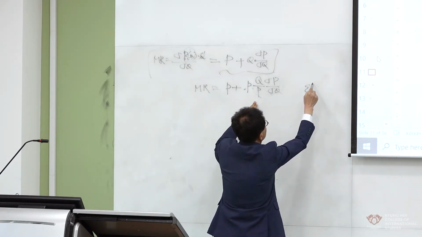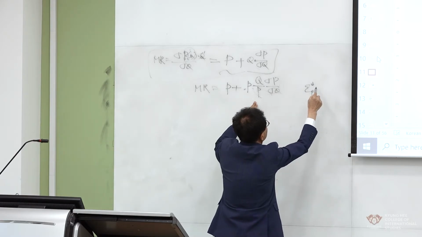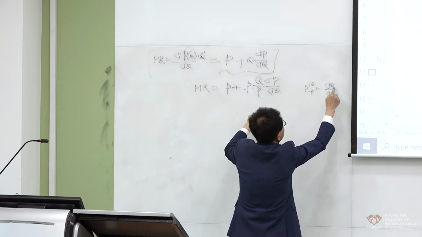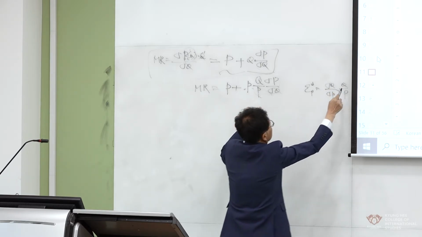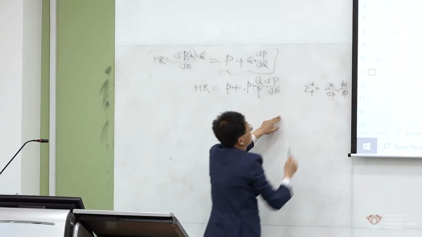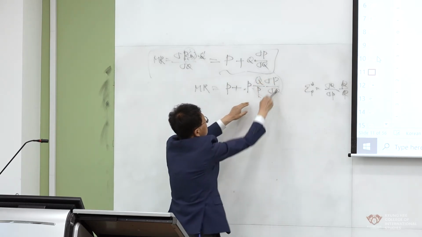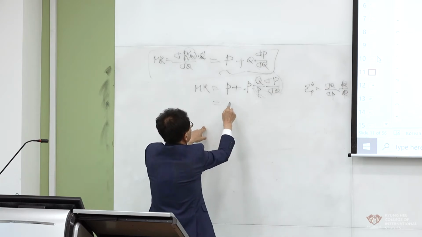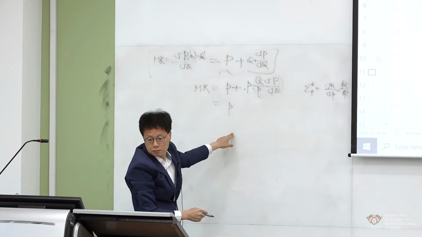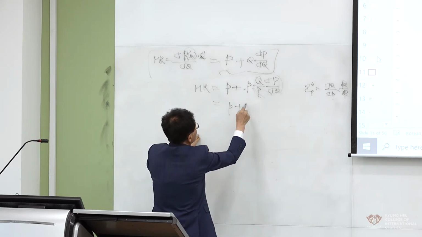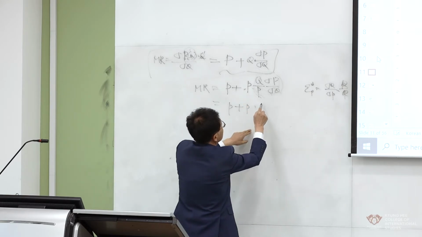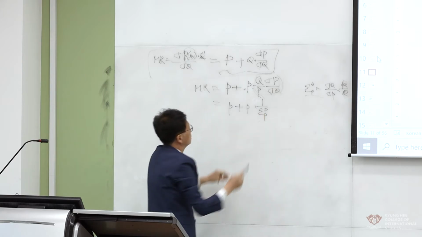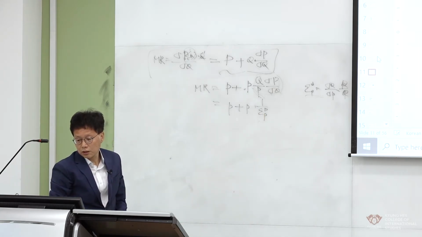Price elasticity of demand is equal to change in P, change in Q, Q over P, P over Q. This one is just the opposite of this one. Right? In other words, price multiplied by 1 over price elasticity of demand.